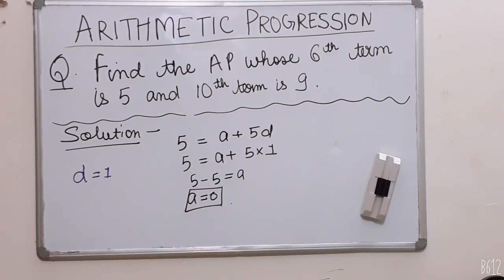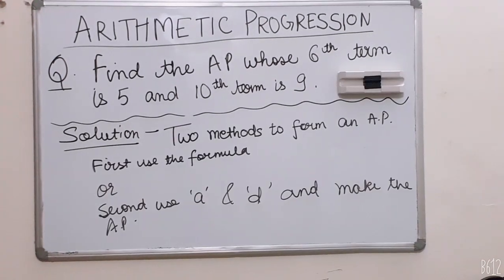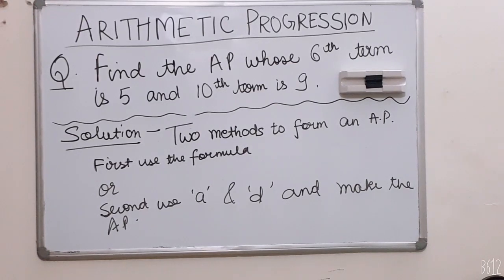So now let's form the AP by a and d. There are two methods to form an AP. First one is to use the formula where we can put the values of a and d and increase n: 0, 1, 2, 3, 4, and form the AP.